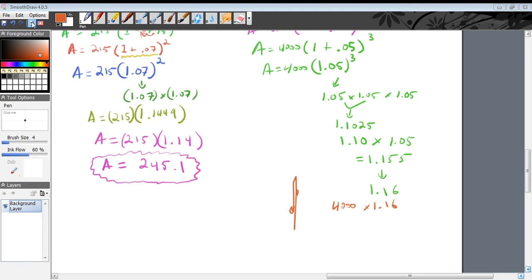Oh, yikes. I'm sorry. So we've got this. This right here was just the 1.05 to the third power. We've got A is equal to 4,000 times 1.16, and that's going to be $4,640.